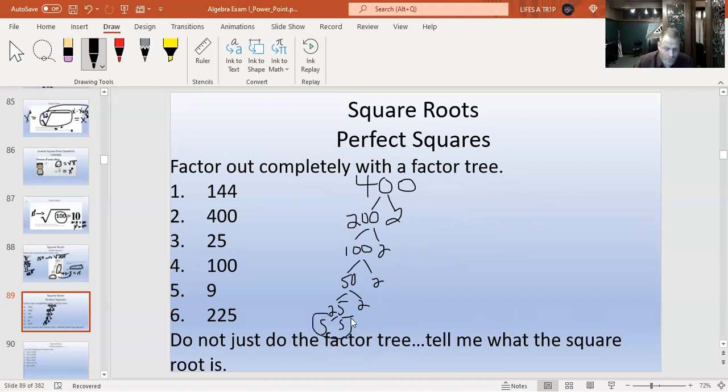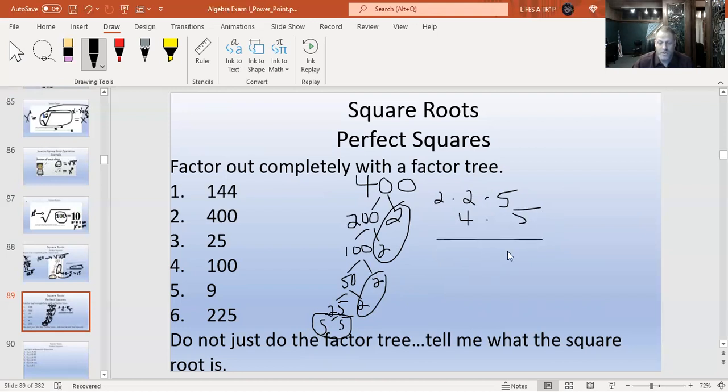Okay, so we're going to pick one 5 out of there, one 2 out of there, and one 2 out of there. So let's do 2 times another 2 times a 5.